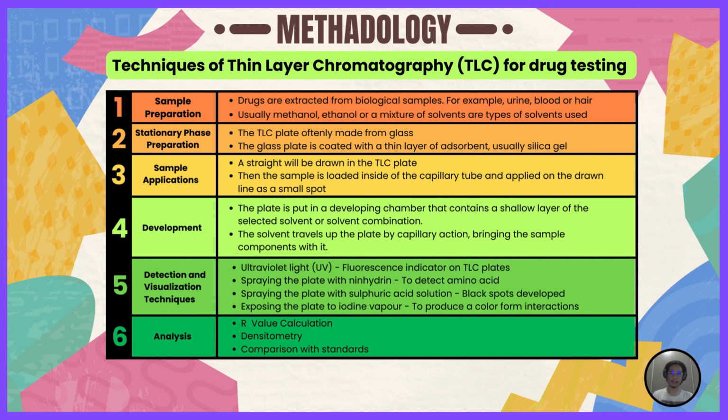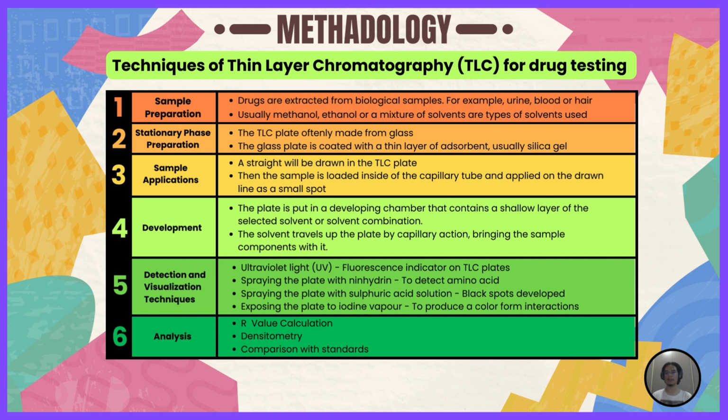Next would be the detection and visualization of the spots. Now, some of the spots may be invisible or colorless to the naked eye, that's why this method exists. Many drugs are visualized under UV light because they're either naturally fluorescent or UV active after being treated.